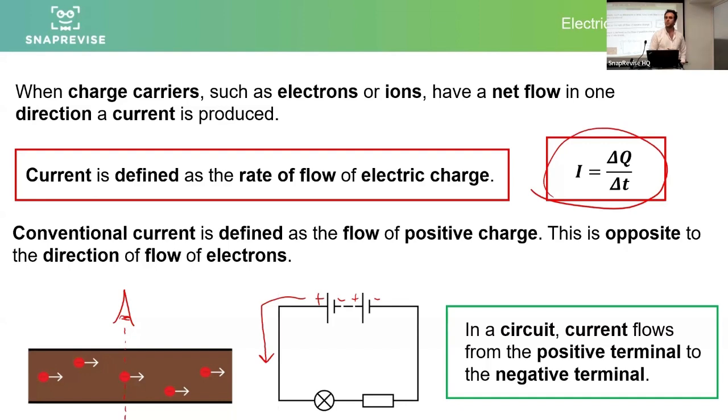That makes sense because we've said the conventional current is defined as the flow of positive charge, and positive charges would be repelled by the positive terminal, and they'd be attracted all the way around to the negative terminal. Okay, so the current flows this way.